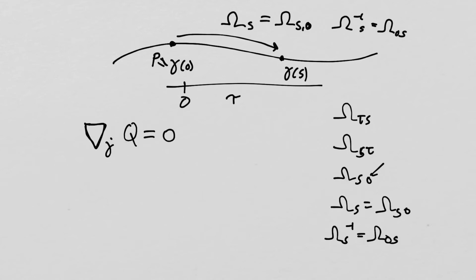I'm going to use this operator form, d by ds, evaluated at s equals 0, because that would have been s equals t in our previous notation.